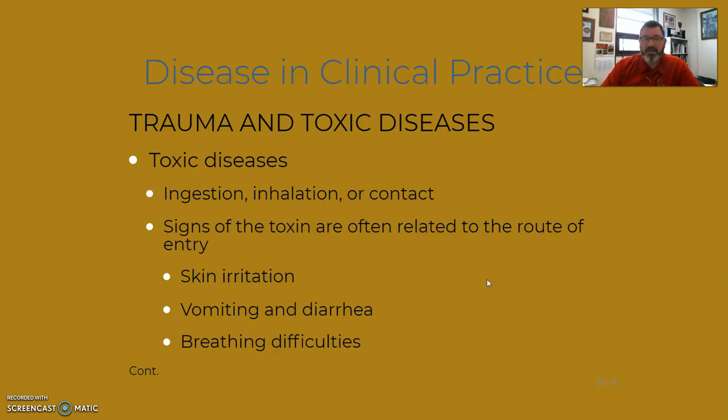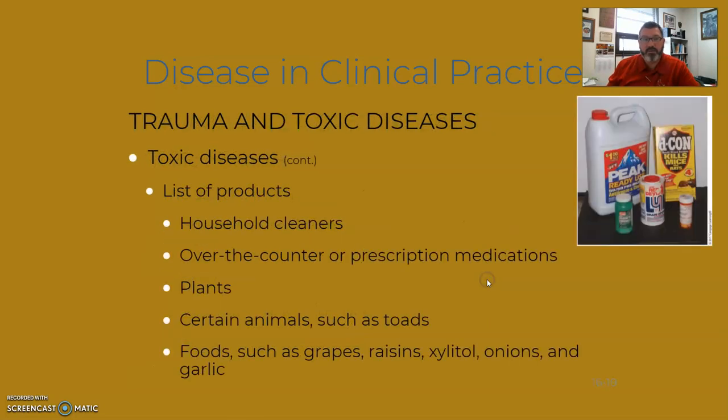But of course, you can see skin irritation, vomiting and or diarrhea, breathing difficulties might set in. Of course, we know that things like antifreeze are very, very poisonous to companion animals, specifically dogs. And so if they've been exposed to a little bit of it, you want to be right on top of that, and hopefully you're able to save them from any further problems.